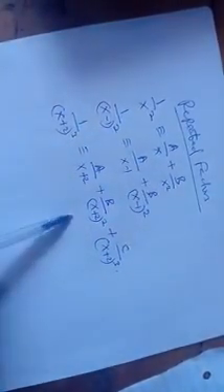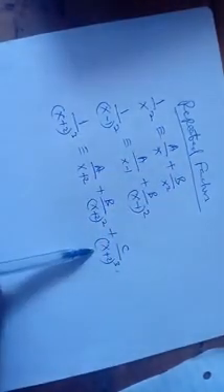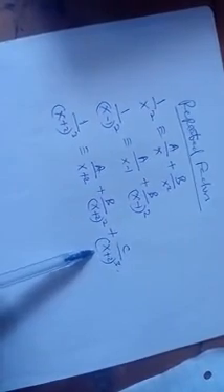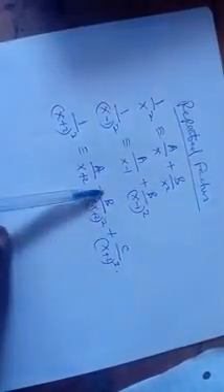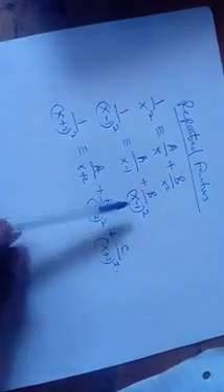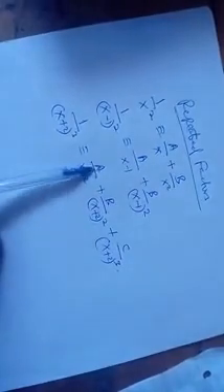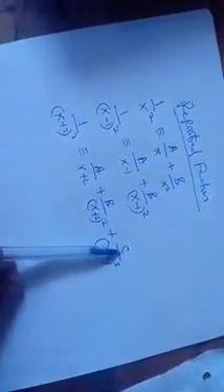This is how you express partial fractions when they have repeated factors, and you get the values of a and b, or the values of a, b, and c.